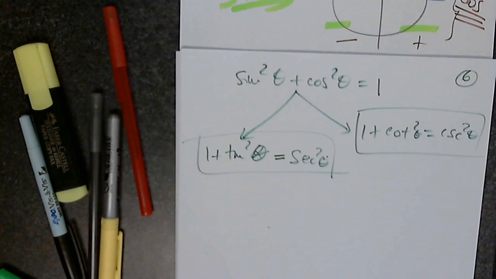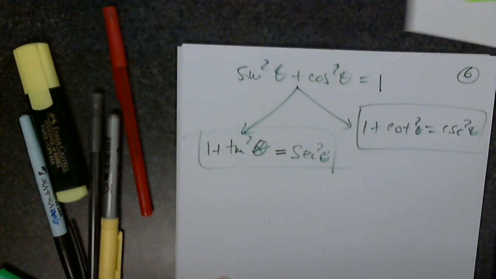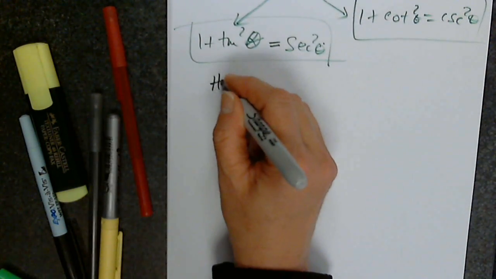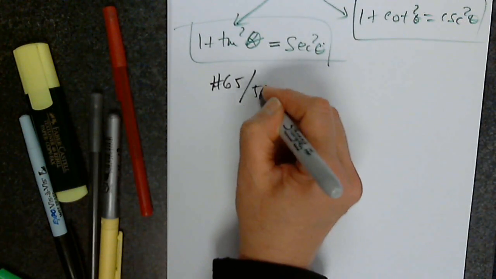Okay. So we're on 5.3. Let's look at 65 on page 560.